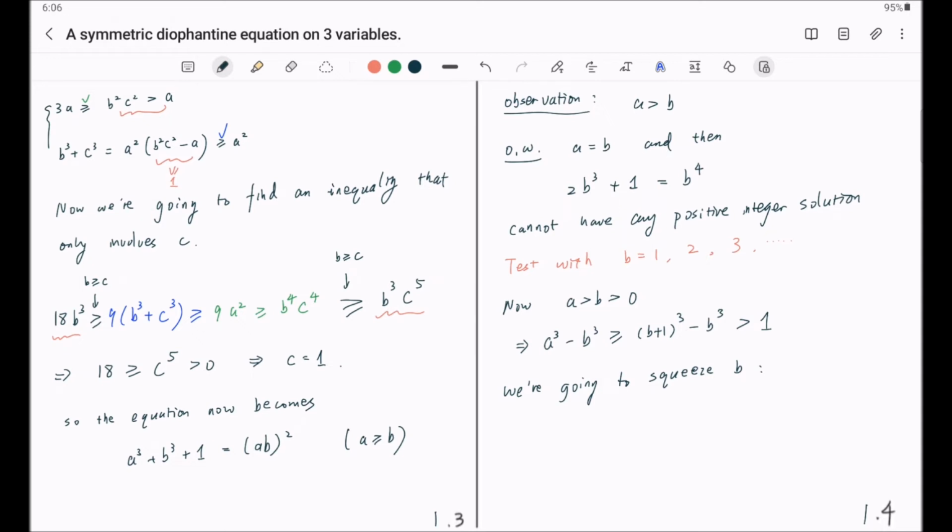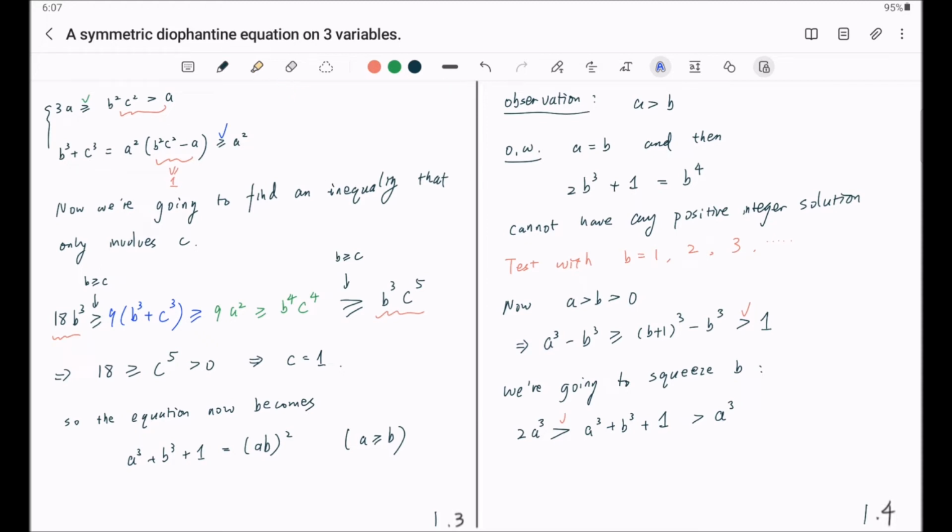Specifically, what we are going to do is look at A cubed plus B cubed plus 1, the left-hand side of the equation. This guy is squeezed between A cubed and 2A cubed. This part is from this inequality, and this part is trivial.